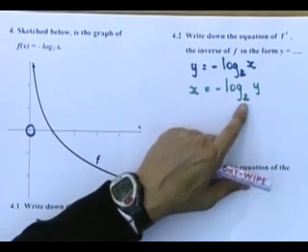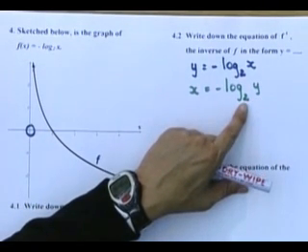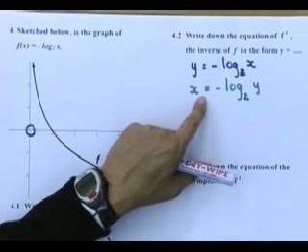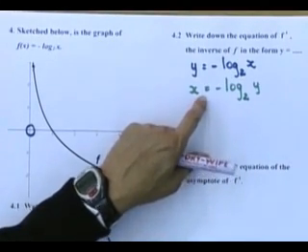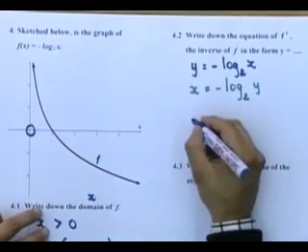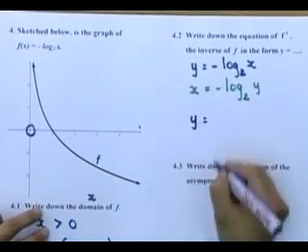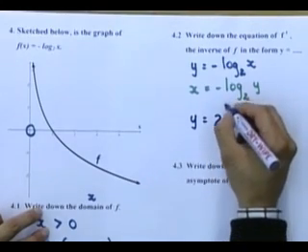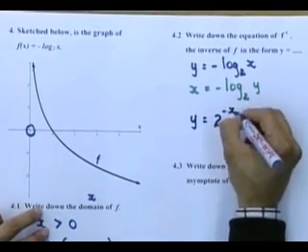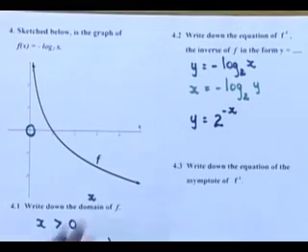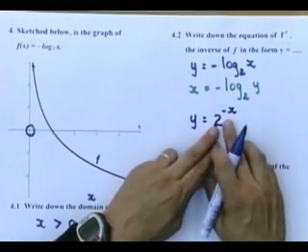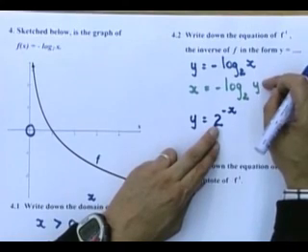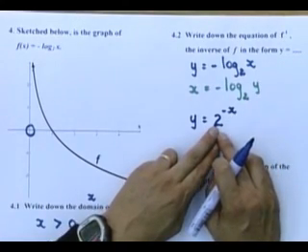I will say again, 2 represents your base, and then x represents your exponent. Now getting that answer, we're going to write y, that's the number, equals your base, it's 2, and then your exponent is going to be negative x. You probably know why I'm writing negative x, right? Why? Because the inverse graph of a negative log graph is a negative exponential graph.